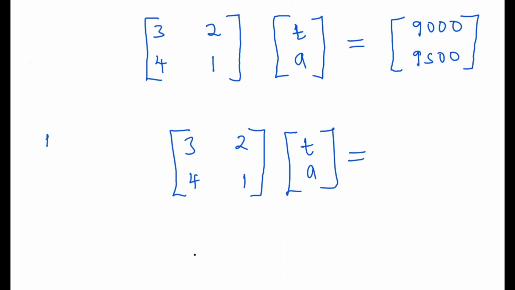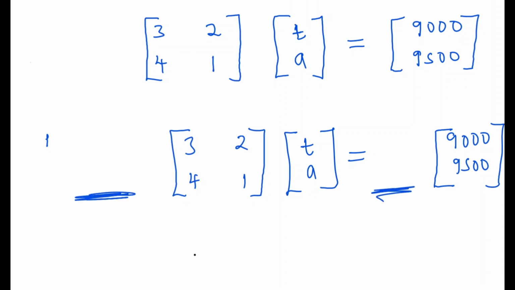On the other side we had our results matrix, which was 9,000 and 9,500. I'm leaving some space before it because I'm also going to utilize this space on the other side. What I add to the first side will also be added to the second side.